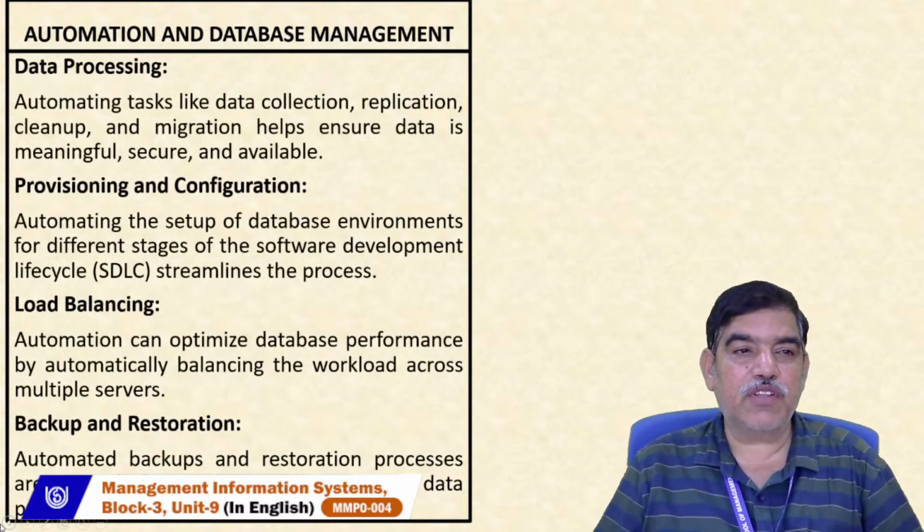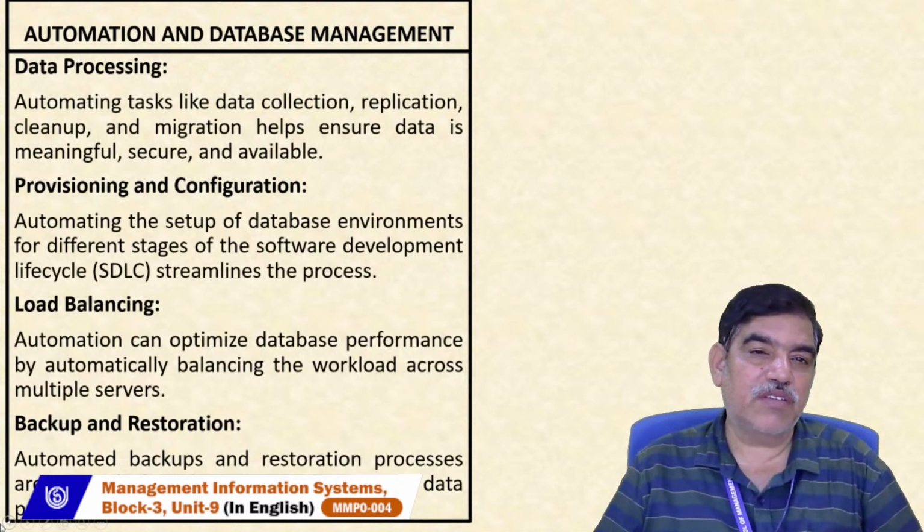Then we discuss data processing. Automating tasks like data collection, replication, cleanup, and migration helps ensure data is meaningful, secure, and available. So as we know, data is an important asset for every organization.